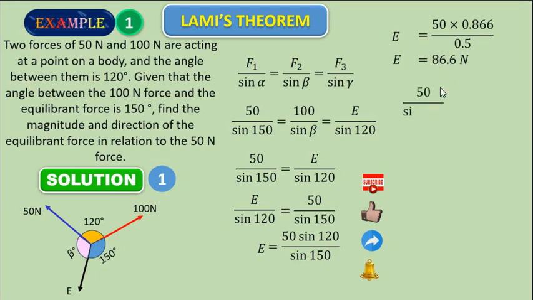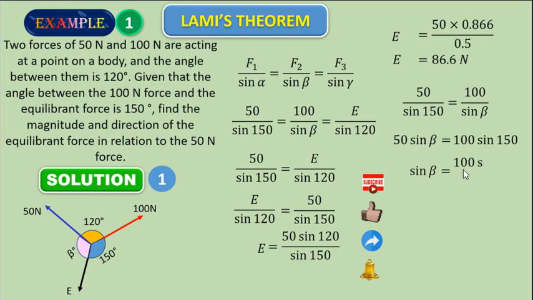Then we are going to use the other two to find beta. Looking at the first one, the numerator and denominator are both known, and the only unknown is sine beta, the denominator. So we can make use of those two. 50 over sine 150 is equal to 100 over sine beta. Then we make sine beta the subject by cross multiplying. Sine beta will give us 100 sine 150 over 50.